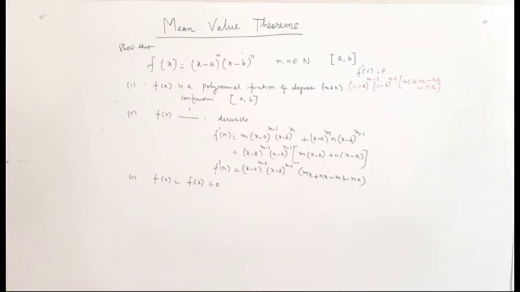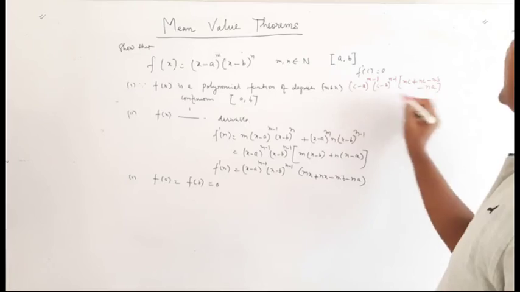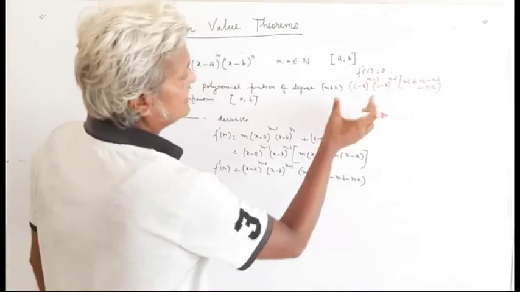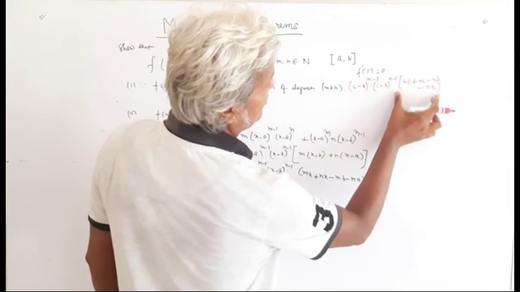Here in this very same expression I am writing x as c. Okay, so now this one has to be 0. So if you set it to 0, it means this part is 0.